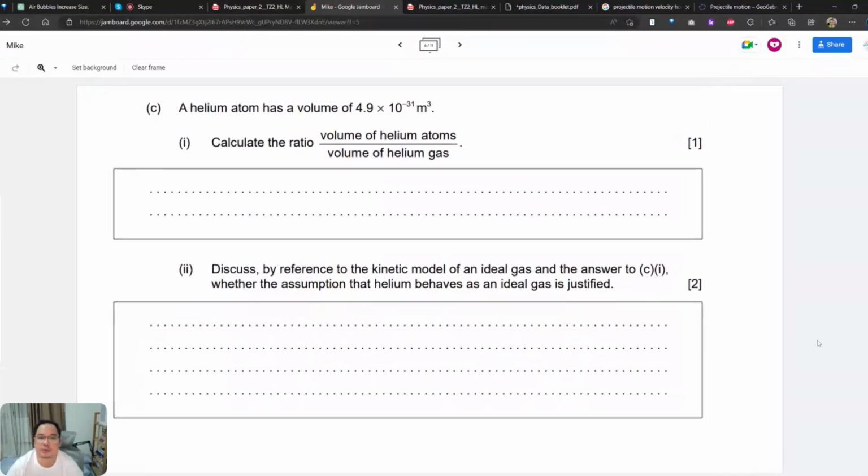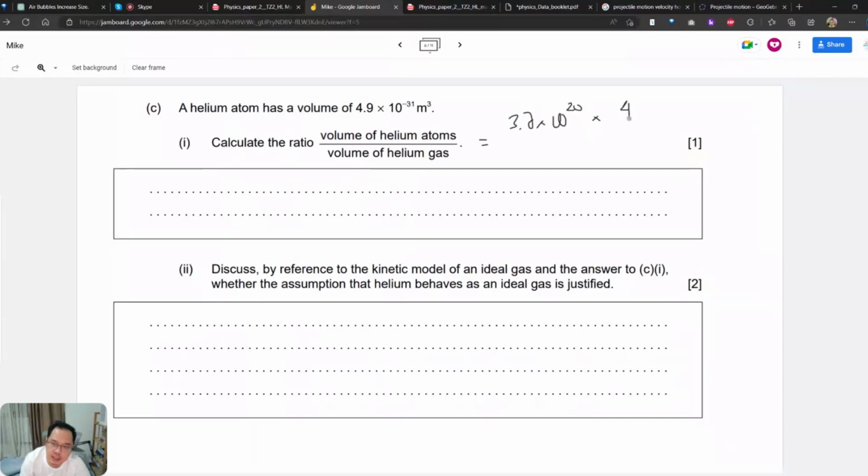A helium atom has a volume of 4.9 times 10 to the minus 31 meter cube. Calculate the ratio of the volume of helium atoms and the volume of helium gas. The volume of the helium atoms on the top is the number of atoms, which is 3.7 times 10 to the 20, multiplied with the volume of one single atom, which is a sphere.